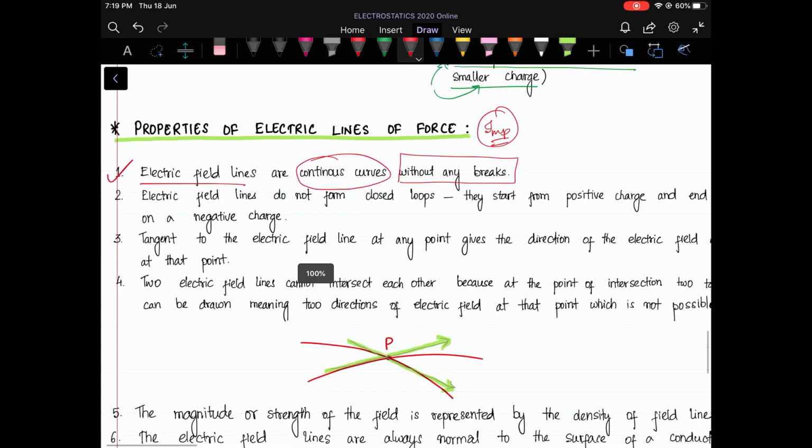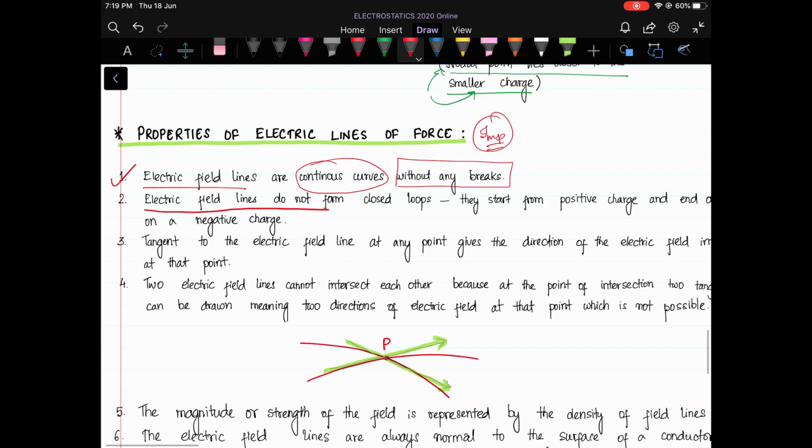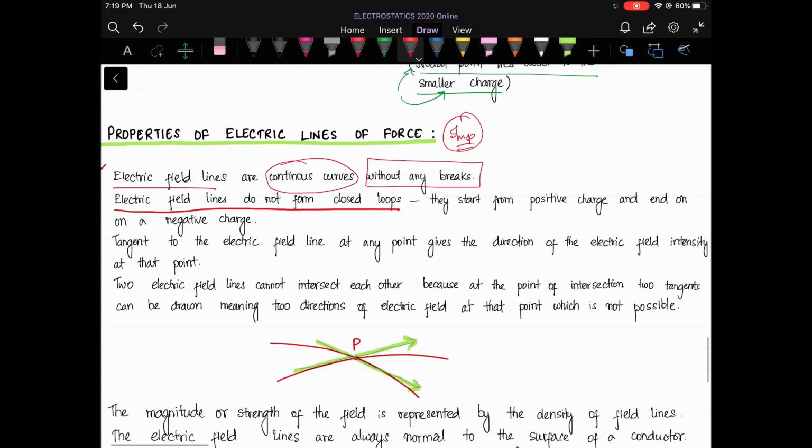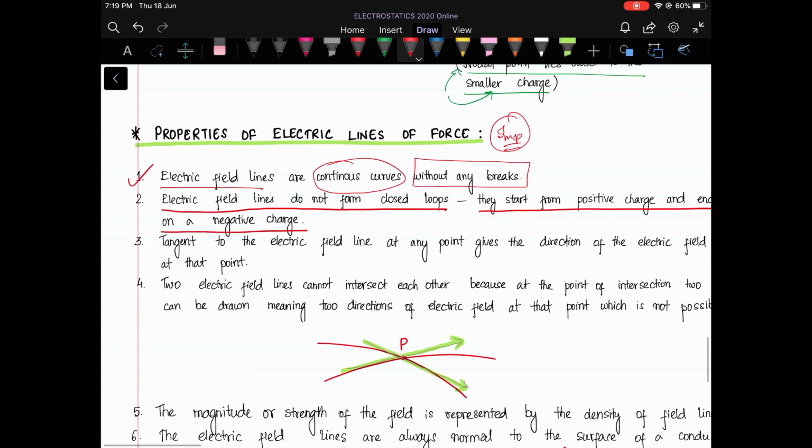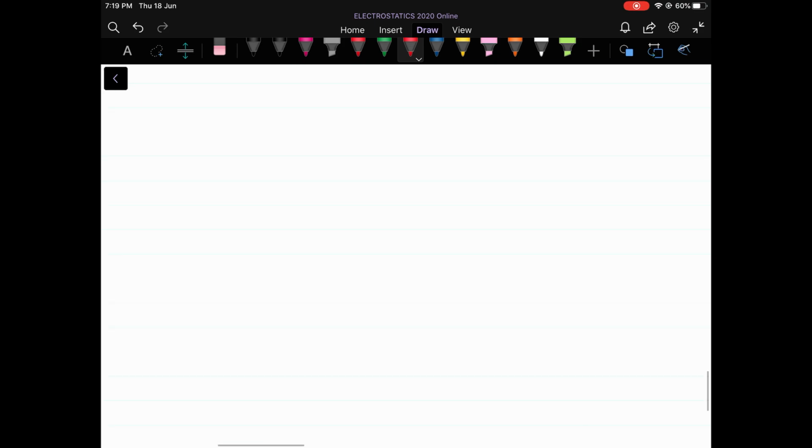The next point is, electric field lines do not form closed loops. They start from a positive charge and always should end on a negative charge. That is again easy to understand because you have seen, if I take a positive charge, the electric field lines are drawn away from your positive charge, because the test charge will start moving away from your positive source charge, because the test charge is also positive.